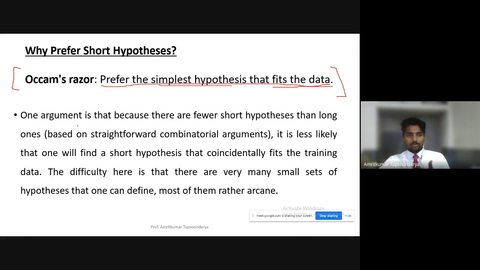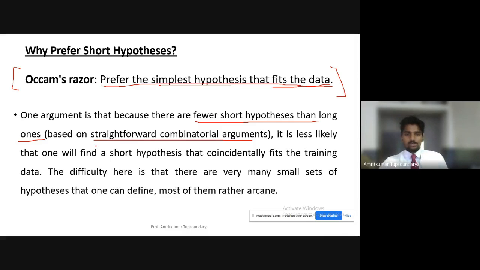The actual problem, let me define it completely, is the argument that because there are fewer short hypotheses than the longer ones. This is based on a straightforward combinatorial argument, in simple terms, not any exceptions in general.